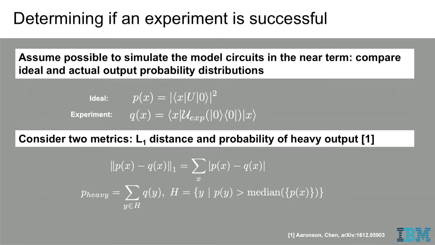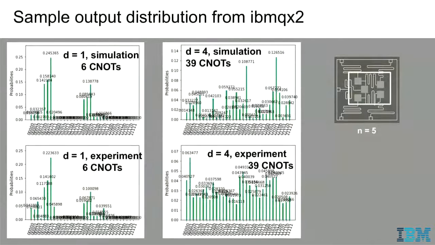So just an example, this was the data taken on our old Quantum Experience device, the IBM QX2 device. So here's the simulation with depth 1. This is on 5 qubits, but for depth 1, for this example, it required 6 CNOTs.